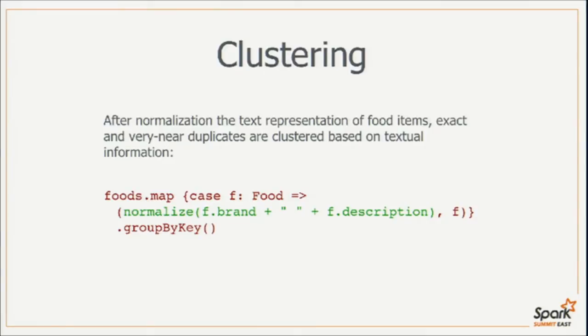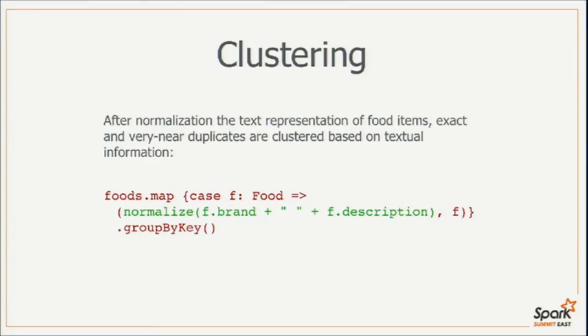We used the map operation in Spark to get this normalized string as the key, and the food itself was the value of each pair. On top of that, all we needed to do for clustering was a group by key operation. We end up with, for each previously normalized brand and description, a list of the food items that were referring to the same entity.